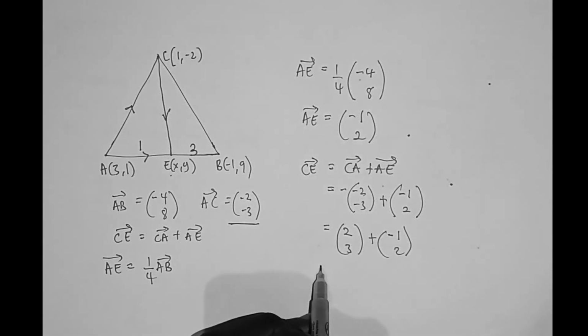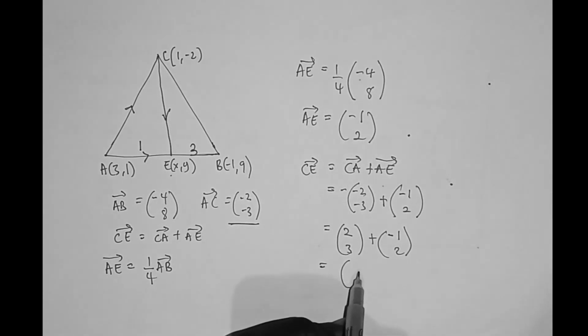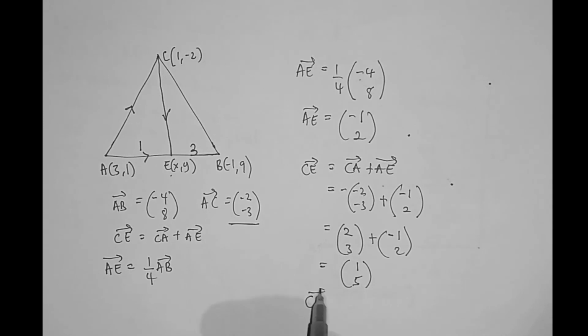So this is equal to 2 minus 1 is 1, and 3 plus 2 is 5. So the vector CE is 1 and 5.